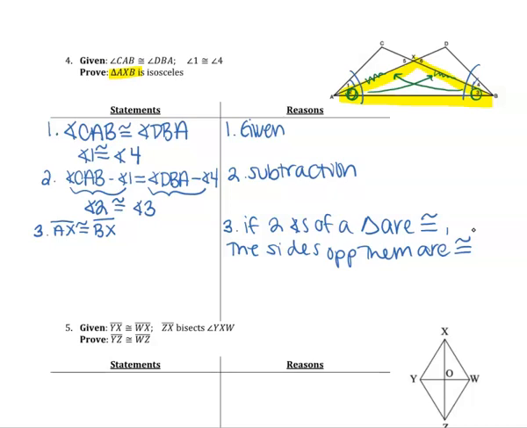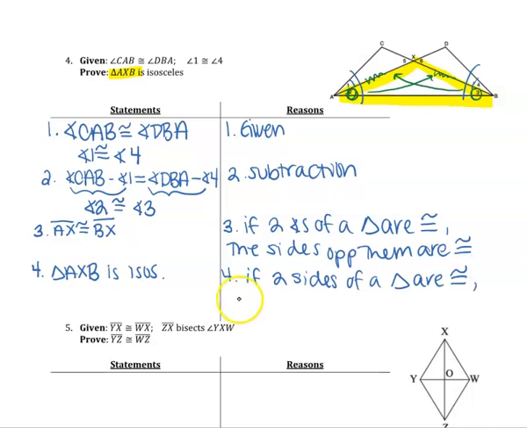All right, awesome. So now that I have 2 sides congruent, that means by definition, this must be an isosceles triangle. So at step 4, we'll say triangle AXB is isosceles if 2 sides of a triangle are congruent. It is isosceles. All right, done with that one.